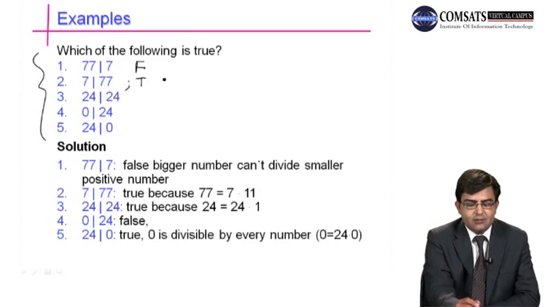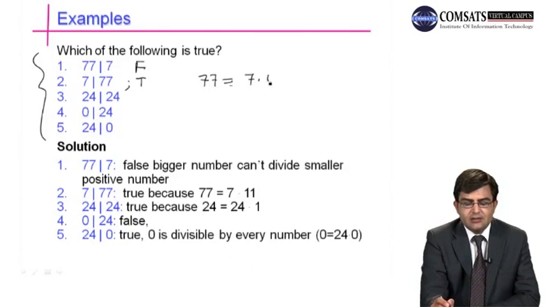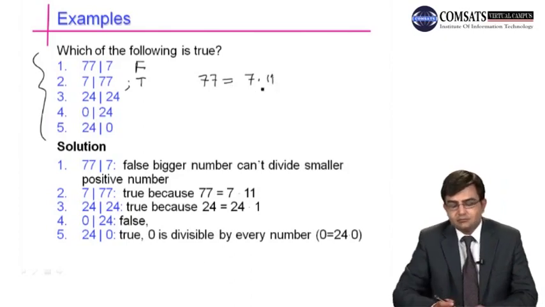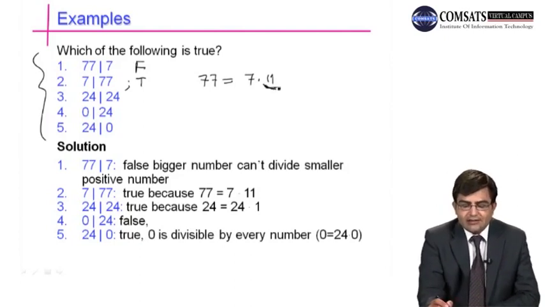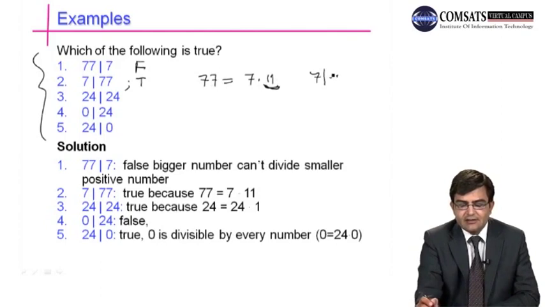This is true, because 77 can be written as 7 into 11, sorry. So there exists some integer, here 11, such that 77 can be written as 7 into 11. So we conclude that 7 divides 77.